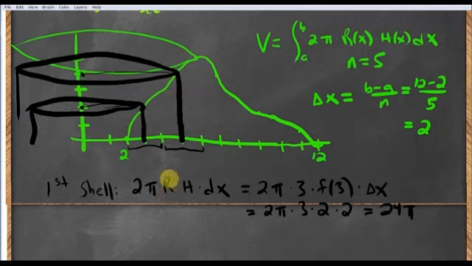So that would be your radius. You'd have a height value, which is f of 5, and multiply by delta x. So just do that for each shell, and you should have a total of 5 shells. And that should be it. So I hope this helps. If you have any questions, just send me an email.